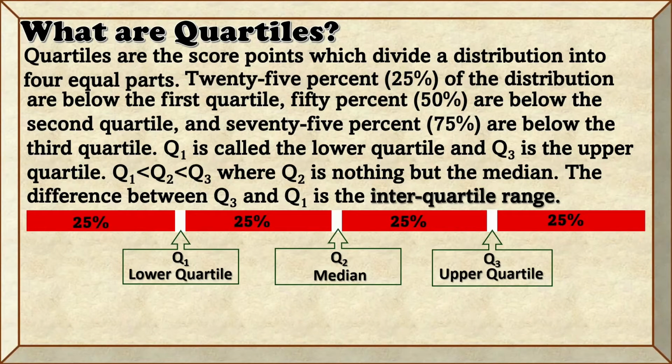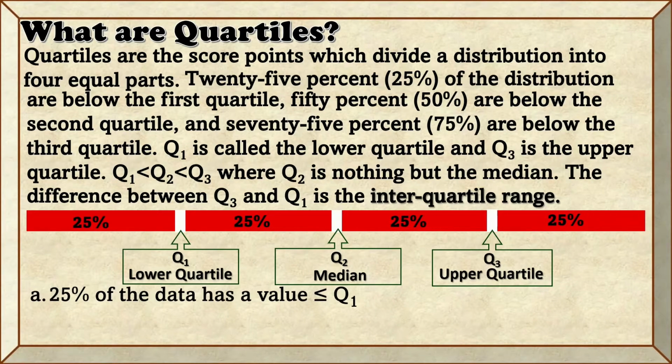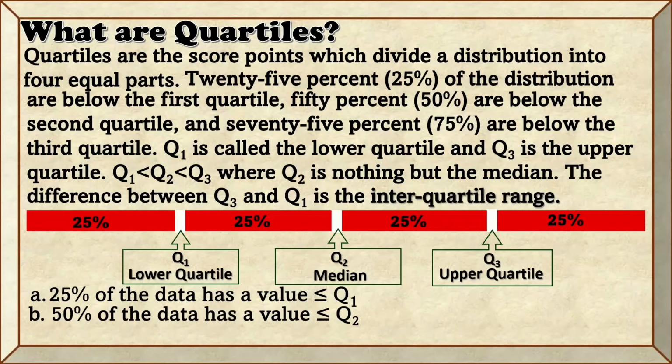The difference between the third quartile and the first quartile is the interquartile range. 25% of the data has a value that is less than or equal to the first quartile. 50% of the data has a value that is less than or equal to the second quartile. And 75% of the data has a value that is less than or equal to the third quartile.